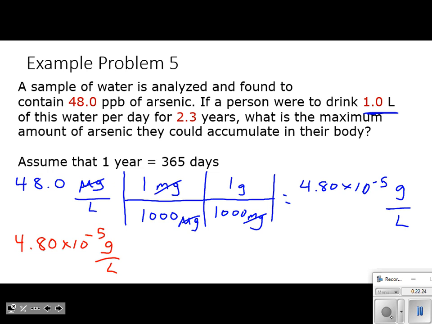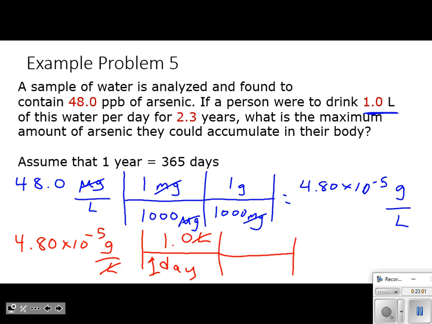Now this person drank 1.0 liters a day, right? So if I multiply this by 1, this person would have 4.80 times 10 to the negative 5th grams every day. Well, how many days are in a year? 365.